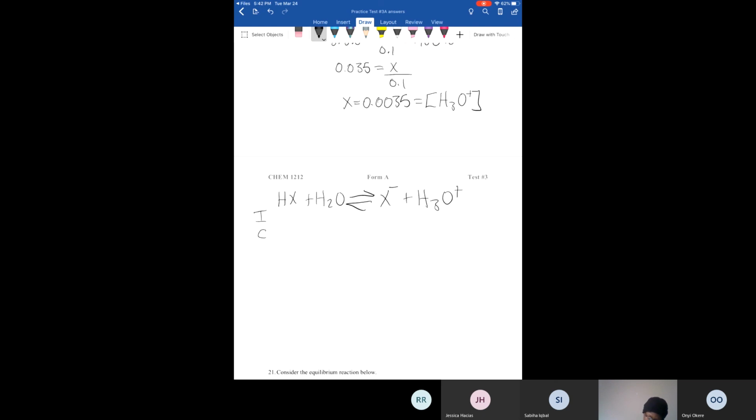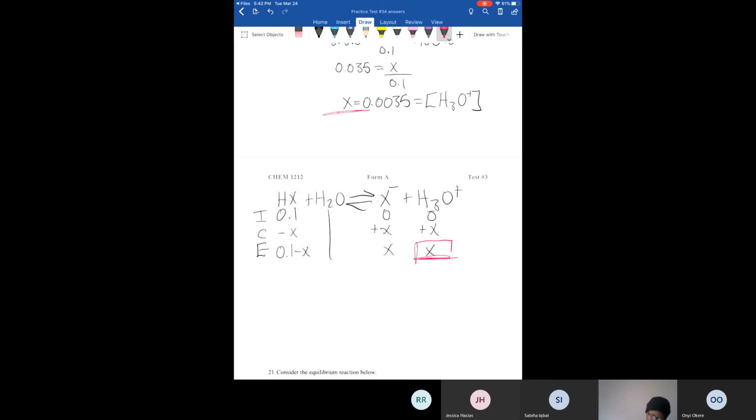So in the ICE table, the initial is 0.1, minus X is 0.1 minus X, water doesn't count, and 0, 0 plus X, X, and X. This X here is the same X here, because this is the H3O plus that formed from 0.1 M of HX being in water.